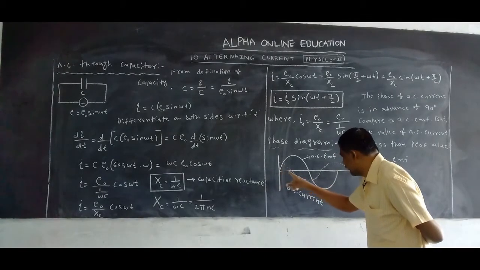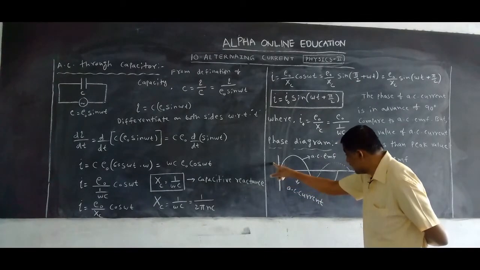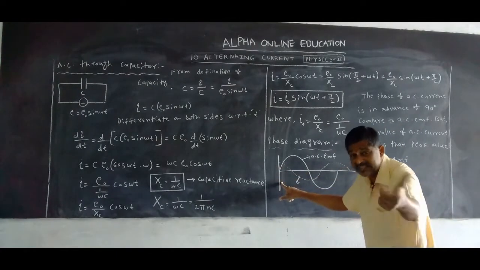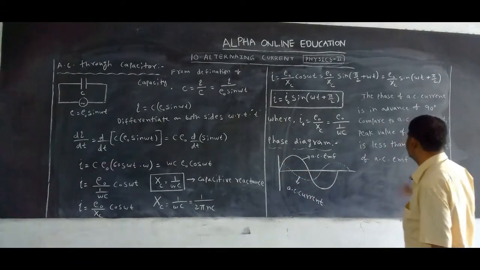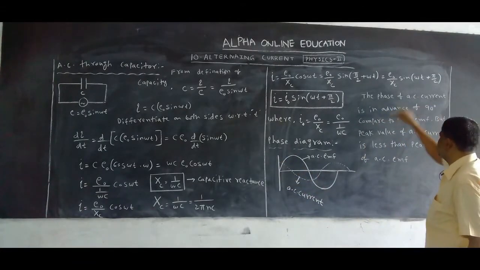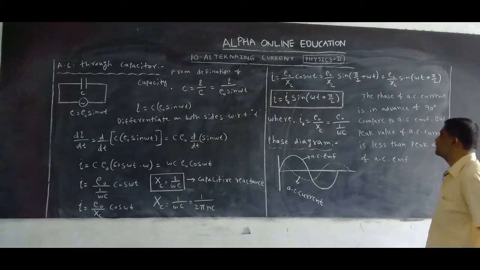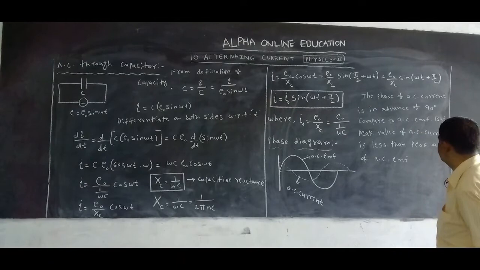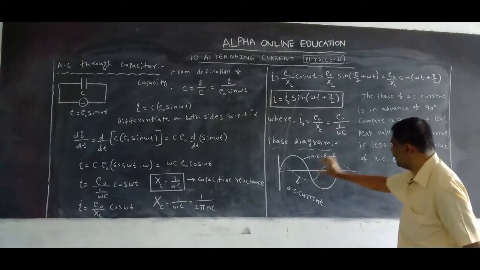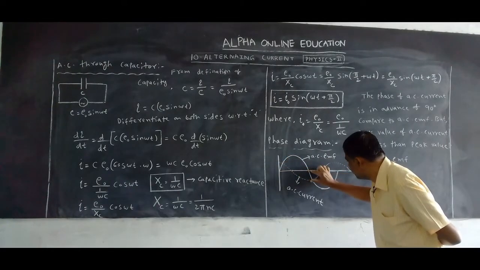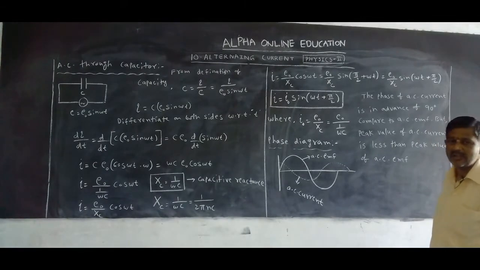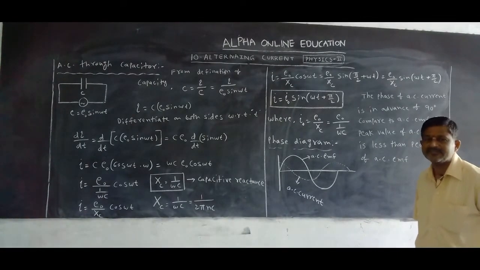It is 0, it is 90, but it is in advance, it is plus. In the last class it was minus, but here it is plus. The phase of AC current is in advance of 90 degrees compared to AC EMF, but the peak value of AC current is less than the peak value of AC EMF.